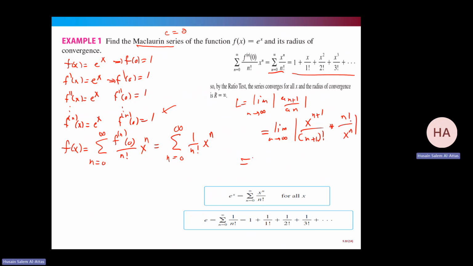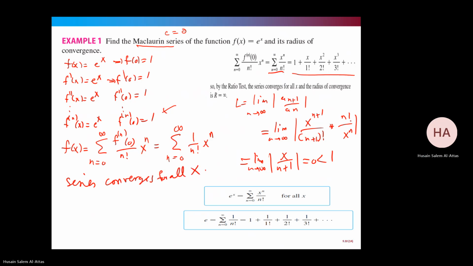That gives me the limit as n goes to infinity of x over n plus 1, which is equal to 0, less than 1. So this series converges for all x. It means this is equal to this for all x.